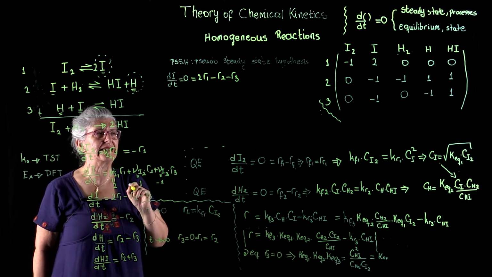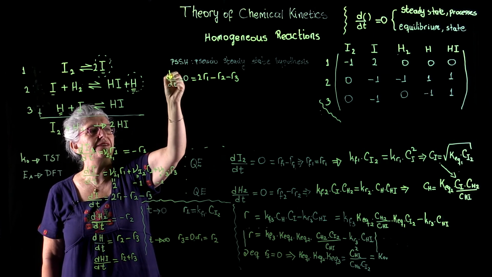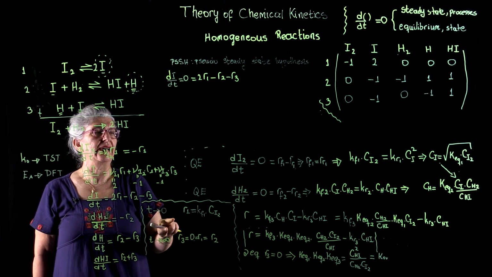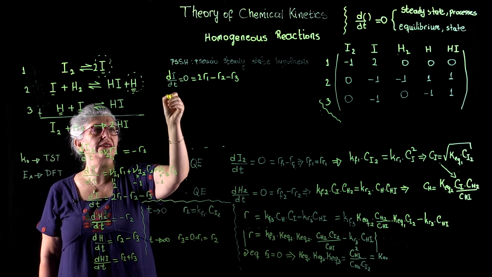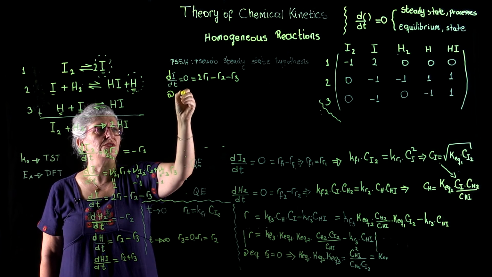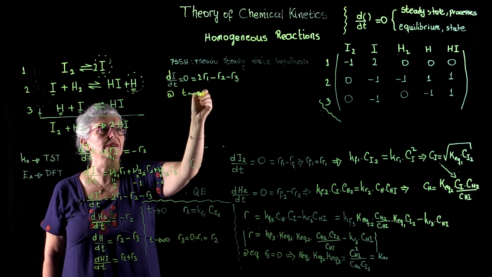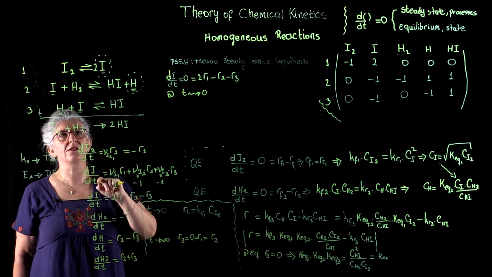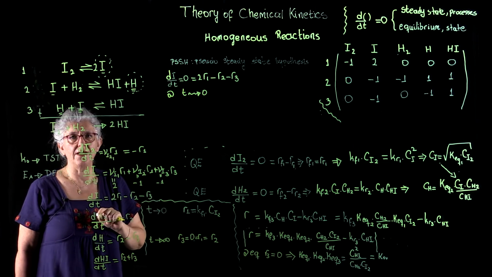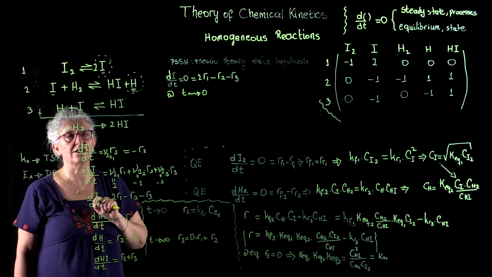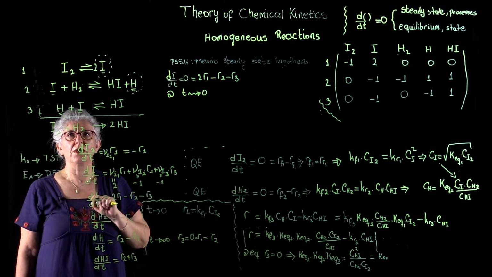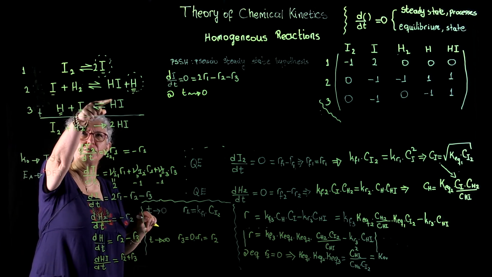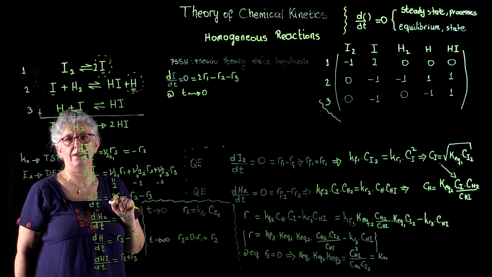Now let us say that we are at the early stages of this reaction. At the early stages of the reaction, at short enough periods, there is not sufficient I for the reverse reaction to be meaningful, but sufficient amount of I for the forward reaction of the second one to be meaningful.